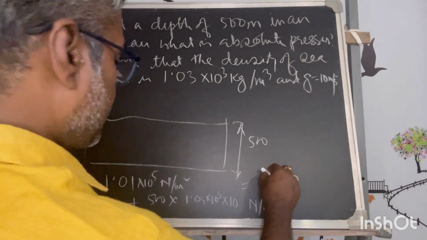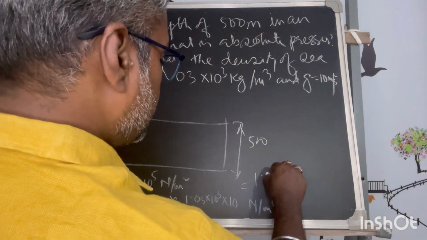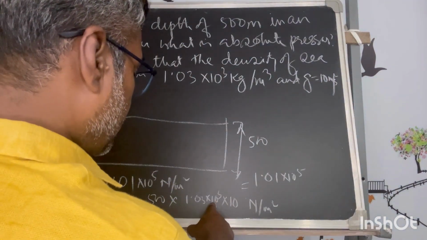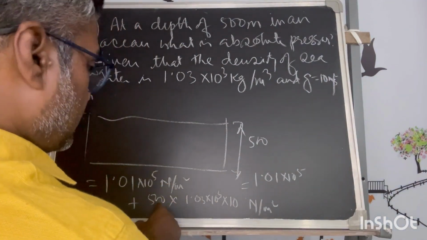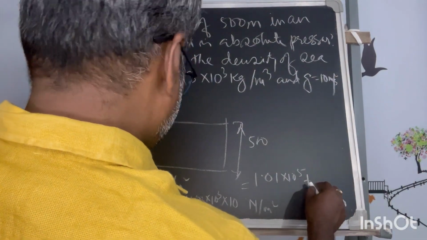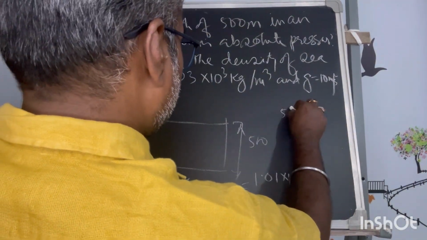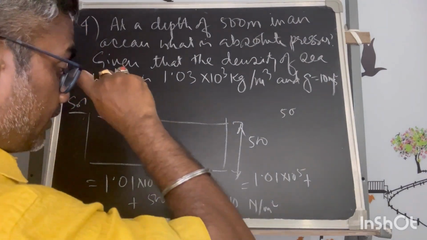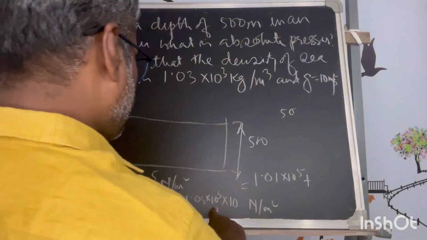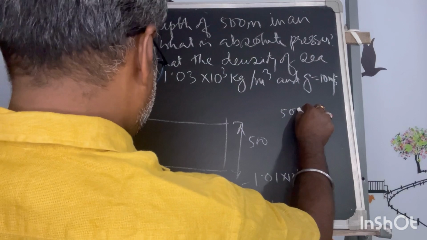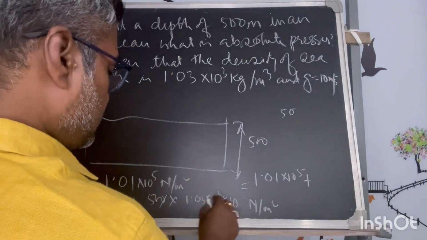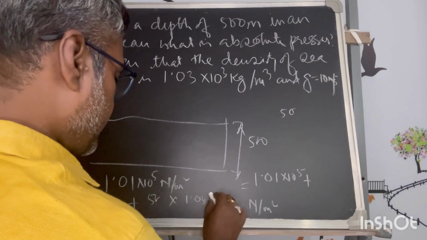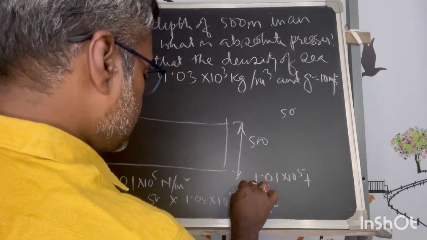So the units are the same, the only thing is the calculation. It will come as 1.01 into 10 to the power 5, whereas the other is 10 to the power 4, and if I take 5 into 2, this is 10 to the power 3 already. Now 500 into 10, all this together will turn into 10 to the power 5, I am just reducing the calculation.